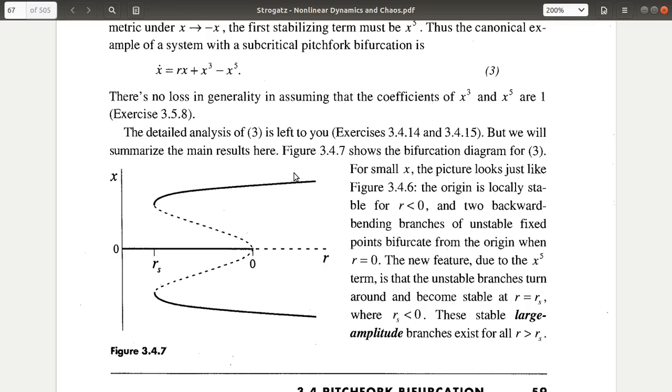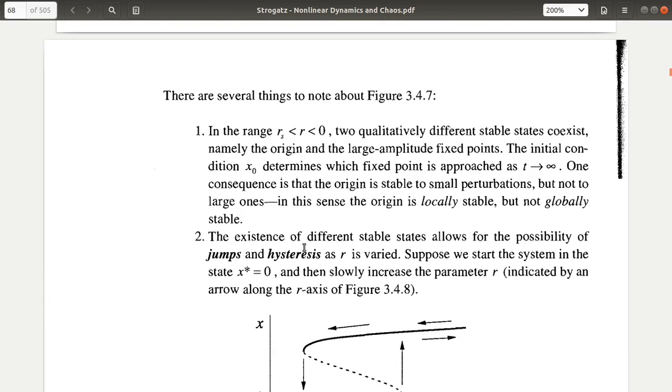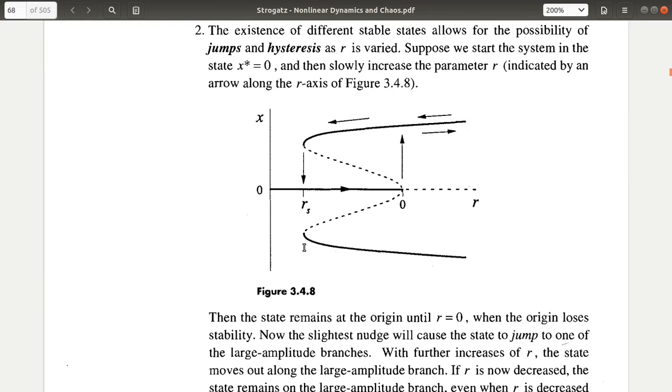Now let's see how the system shows the hysteresis behavior. Maybe I will explain it from this picture. Let's say I have my R value which is very, very small, less than my RS value. If I have a very small value, then that's a stable fixed point.